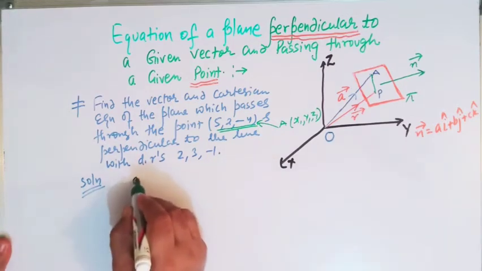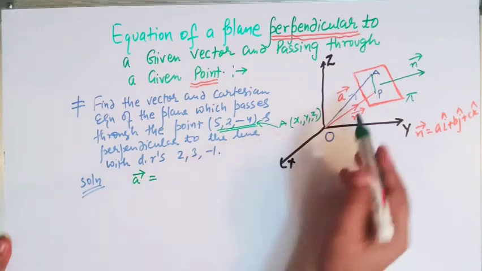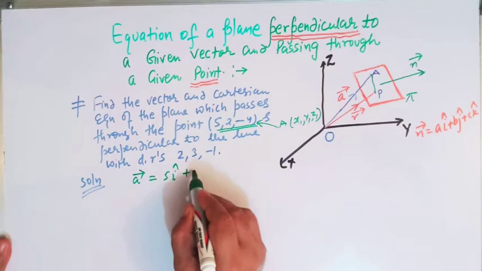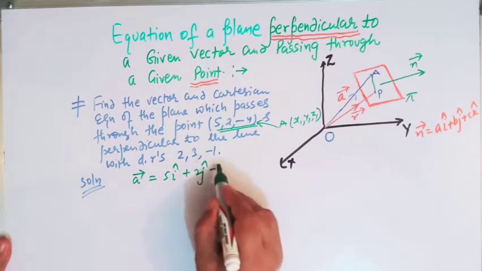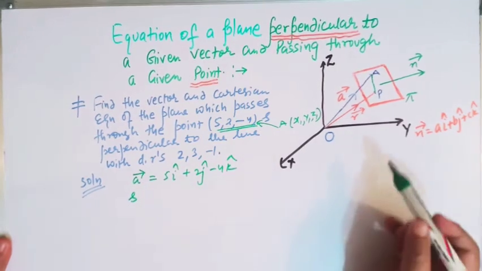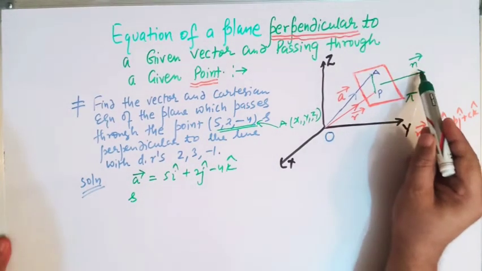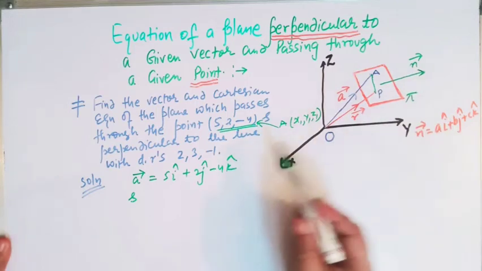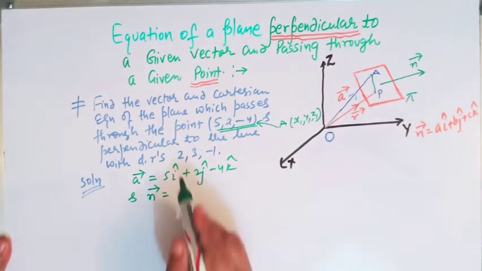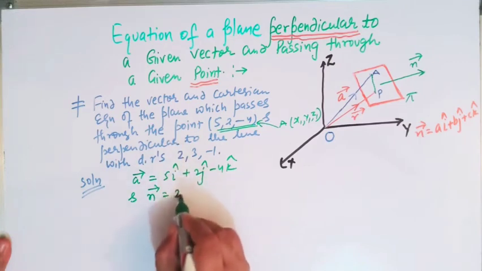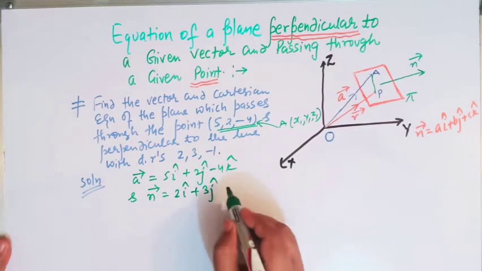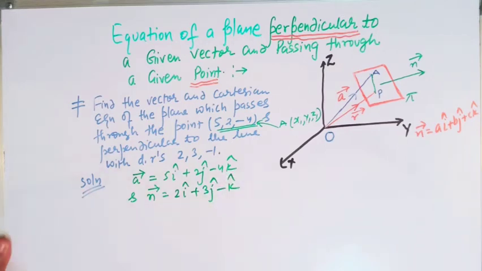So here we are given the vector a, that is 5i cap plus 2j cap minus 4k cap, and the normal vector n perpendicular to the plane is given as 2i cap plus 3j cap minus k cap, right?